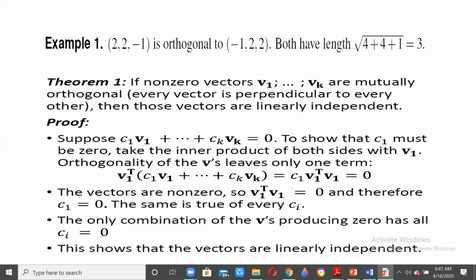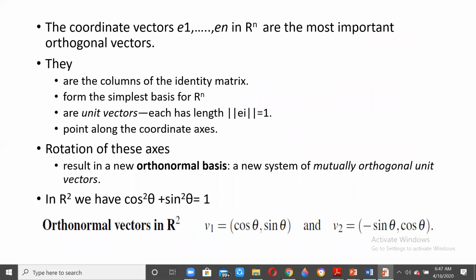Then we took an example of the length of two different vectors, and then the theorem: if non-zero vectors v1 to vk are mutually orthogonal, that is, every vector is perpendicular to every other vector, then those vectors are linearly independent. The proof of that was considered.